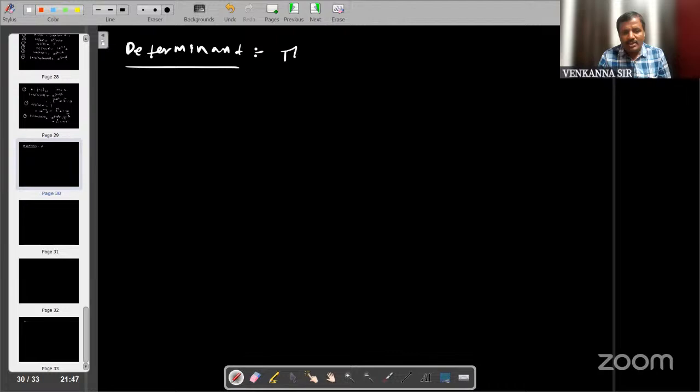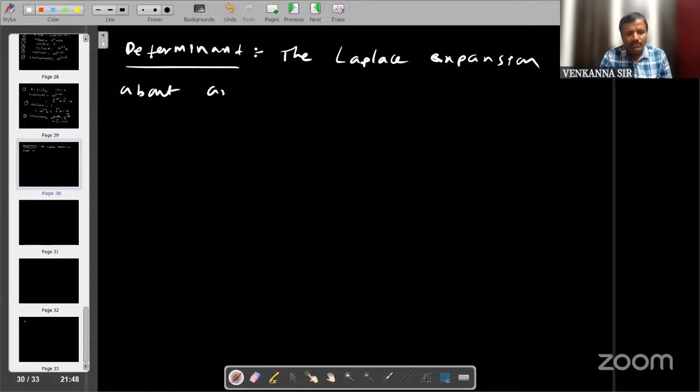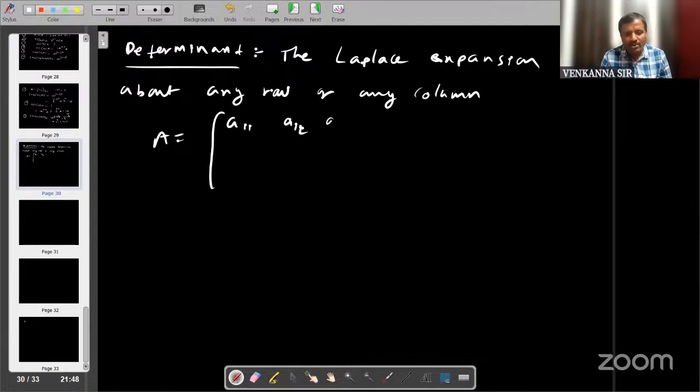The Laplace expansion of the determinant about any row or any column. If you are taking the Laplace expansion about any row or any column, with A11, A12, A13, A21, A22, A23, A31, A32, A33, what is the determinant of this one?